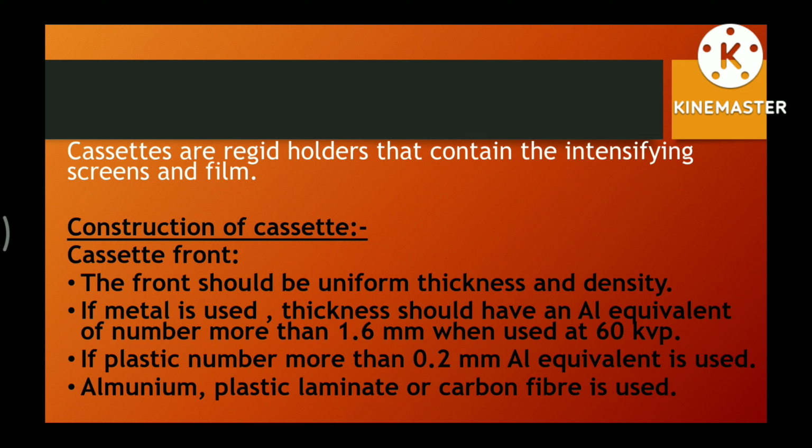The third point says if plastic is used, it should have an aluminum equivalent of not more than 0.2 mm. The fourth point says the front part is made of aluminum, plastic, laminate or carbon fiber.